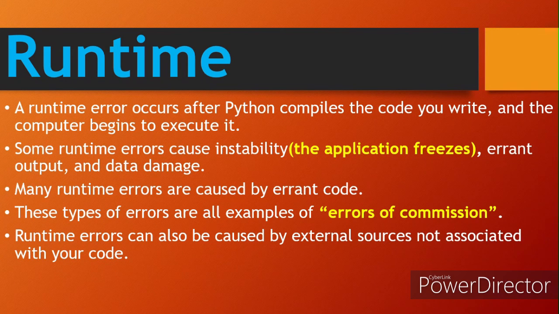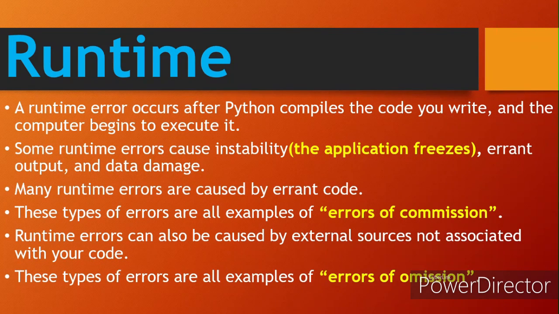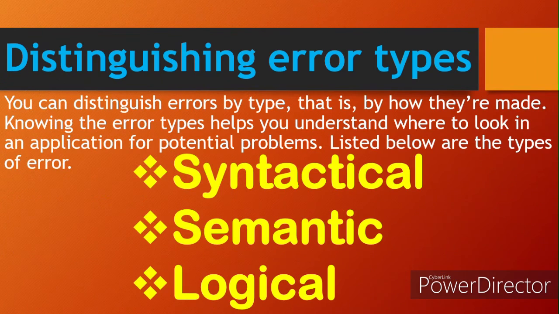Sometimes even the computer hardware has a glitch that causes a non-repeatable application error. These are all examples of errors of omission, from which the application might recover if your application has error trapping code in place. It's important that you consider both kinds of runtime errors, errors of commission and omission, when building your application.